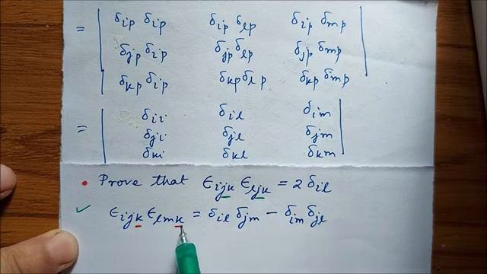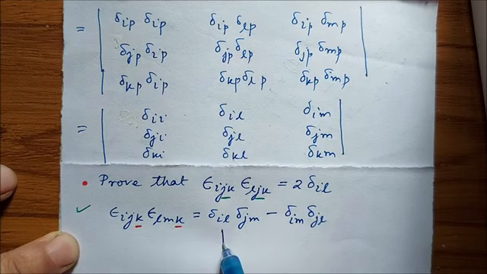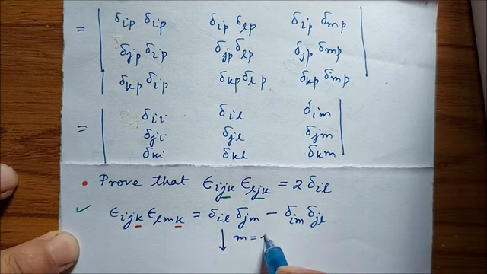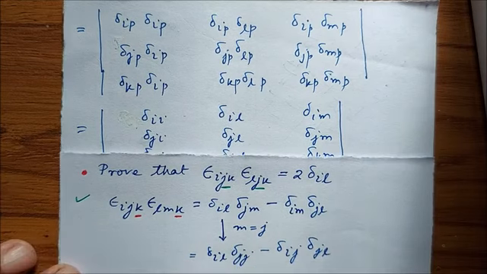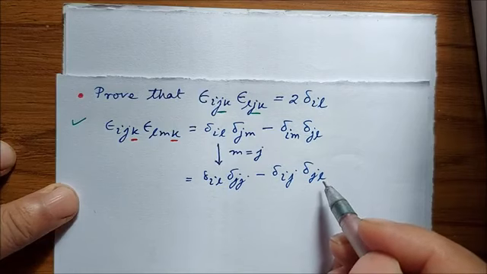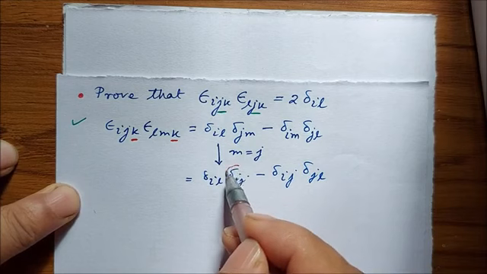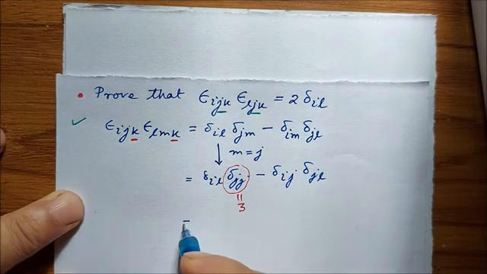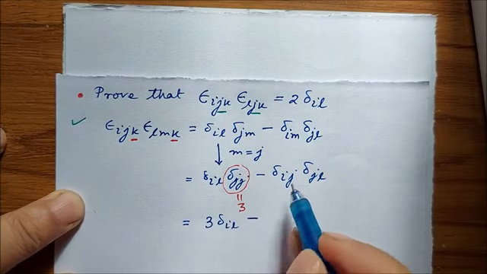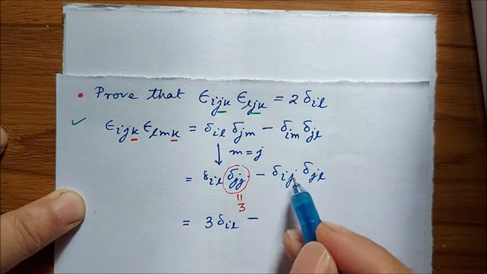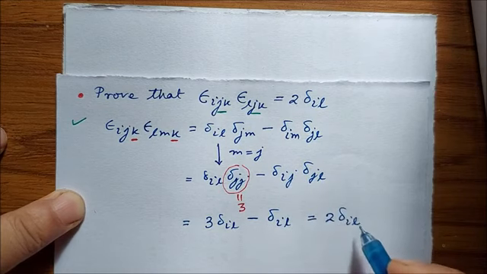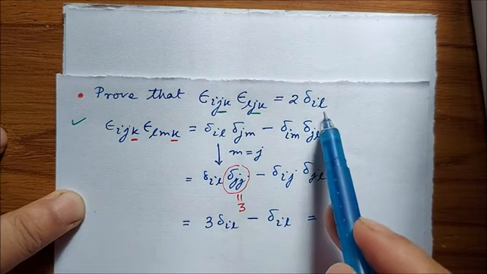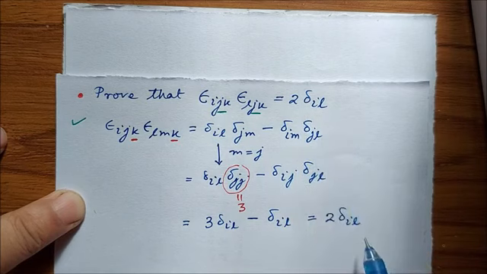So not only K but J should be equal to M. Therefore, let us rewrite this relation putting J for M to get, again in the video on Kronecker delta we proved that Kronecker delta JJ is 3, and therefore we get 3 Kronecker delta IL minus, here we can contract J because J occurs in both the Kronecker deltas, and therefore we have Kronecker delta IL, and this is nothing but twice of Kronecker delta IL as we see in the right hand side of the given equation which we have proved.